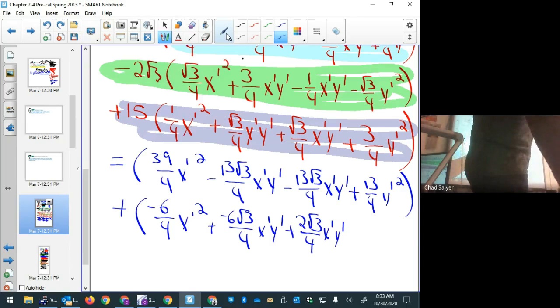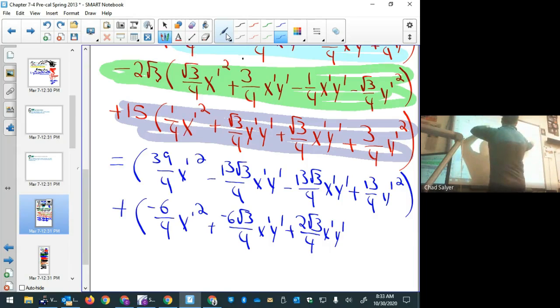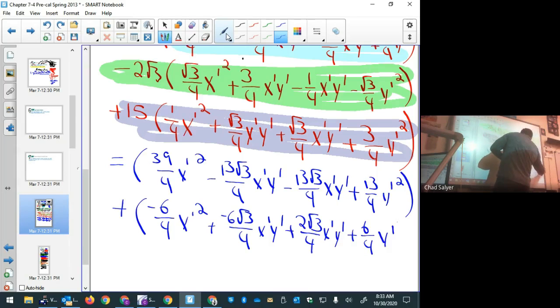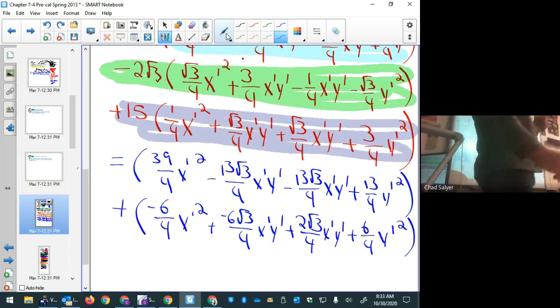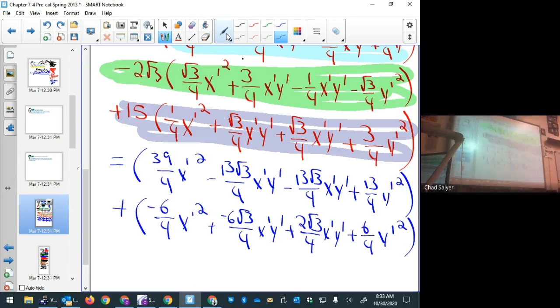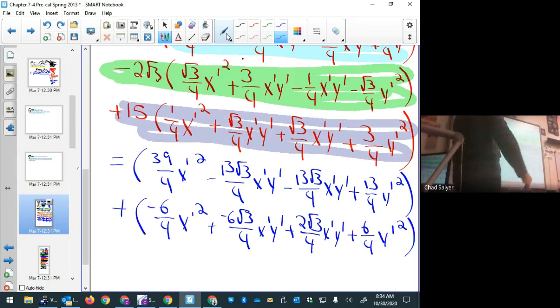And then negative times a negative again, those will cancel out and become positive. Square root of 3 times square root of 3 is 3. So positive 6 over 4 Y prime squared. See how easy it would have been to make a sign error there. So easy, to the point where it's almost inevitable that you would have done so.